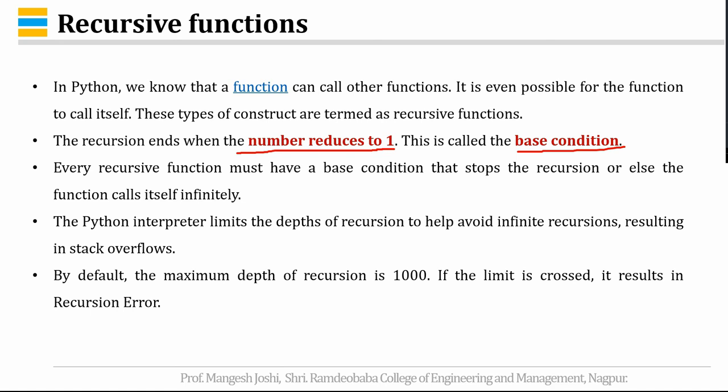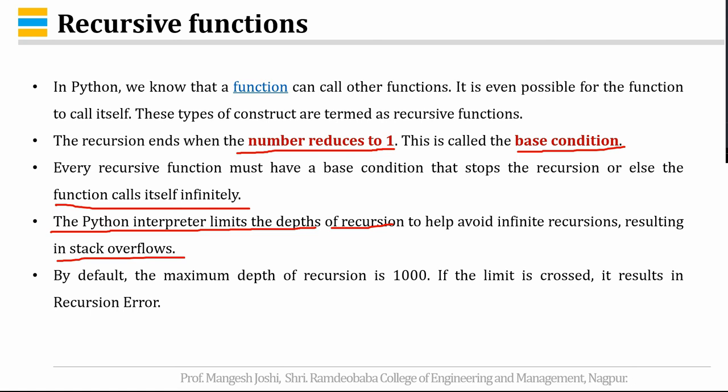Every recursive function must have a base condition that stops the recursion, or else the function calls itself infinitely, and your function will keep on running. The Python interpreter limits the depth of recursion to help avoid infinite recursions resulting in stack overflows.